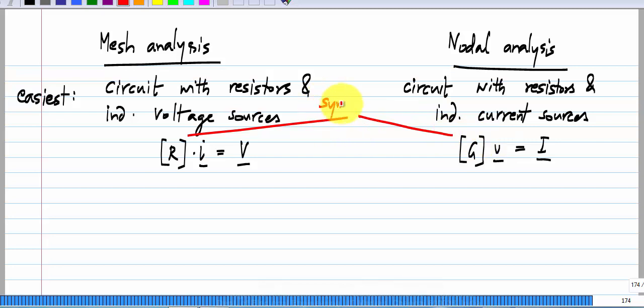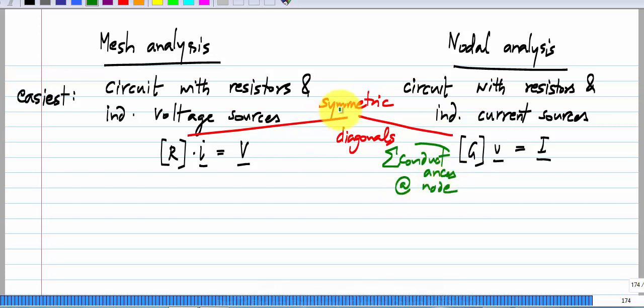They were symmetric, and if you look at the diagonals, in nodal analysis it was the sum of conductances at a node, and in the case of mesh analysis it was the sum of resistances in a mesh.